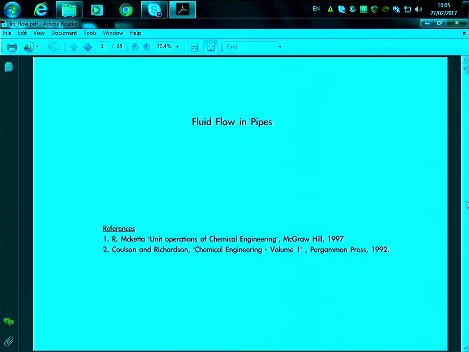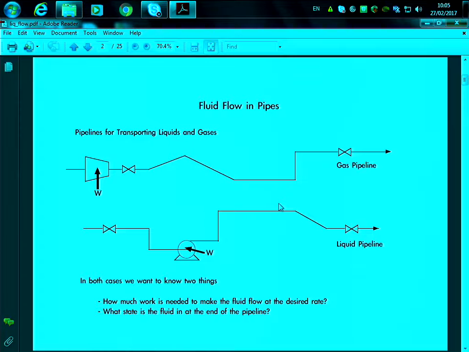So, first of all, we want to know two things. Basically, how much work is needed to make the fluid flow at a desired rate. So you want a certain rate at the end of the pipeline, and if you apply work, whether through a pump for a liquid or a compressor for a gas, you want to know how much work you need to apply in order to allow the gas to travel throughout the whole pipeline and arrive at the exit at the required rate that you want, as well as for liquid.